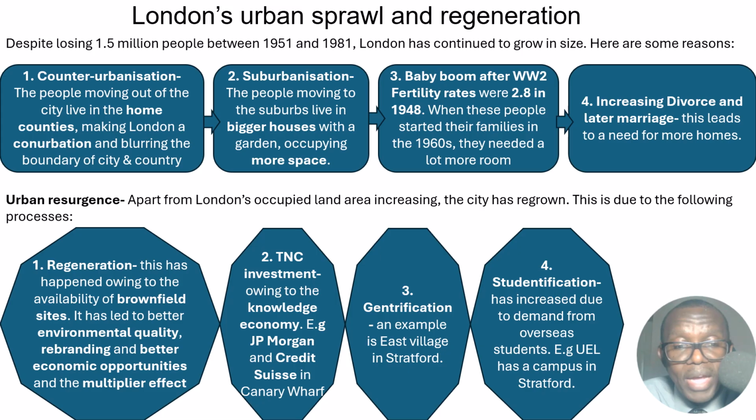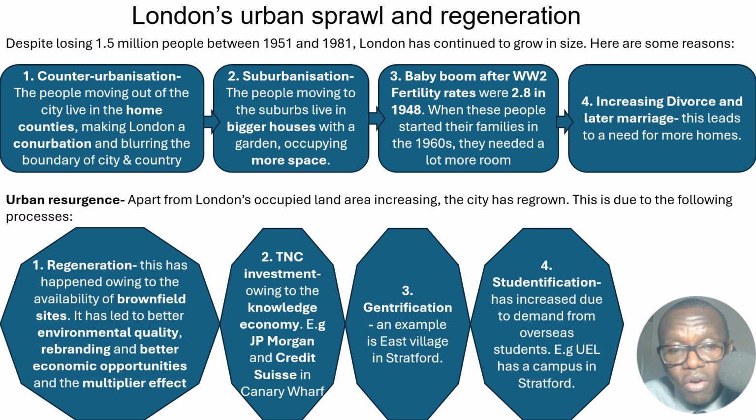Okay, then in terms of urban resurgence, apart from London's occupied land area increasing, the city has also regrown from within. And this is due to the processes mentioned down here. One of them is regeneration, which has happened owing to the availability of brownfield sites.